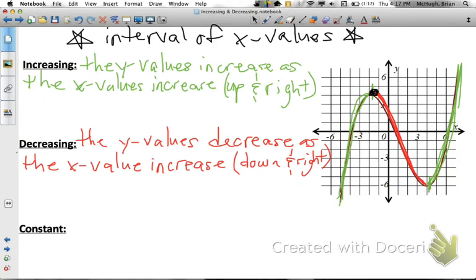What is the point where the graph switches from increasing to decreasing or decreasing to increasing? If I colored this in carefully enough, this x value here is -2, and this x value here is +4.